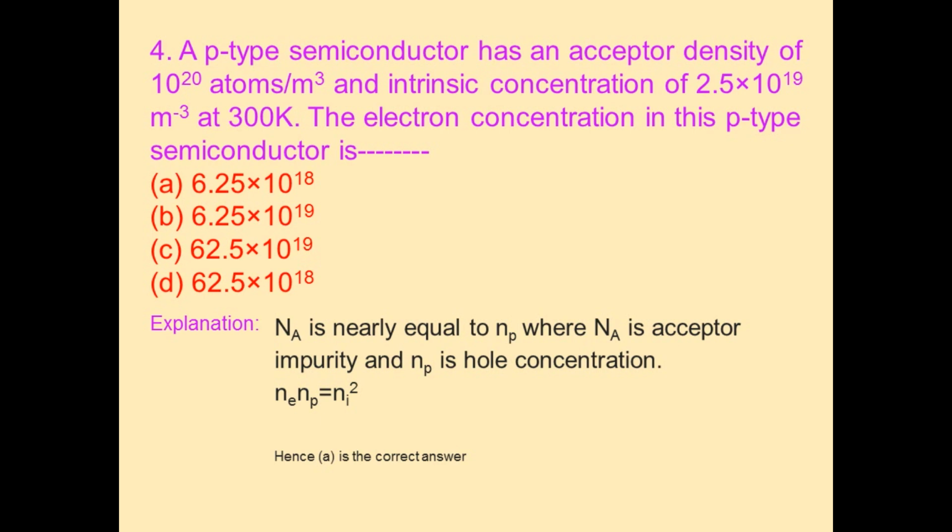So in the case of p-type semiconductor, Na is nearly equal to Np. Na is given as 10 power 20 atoms per meter cube and intrinsic concentration Ni is given as 2.5 into 10 power 19 atoms per meter cube.